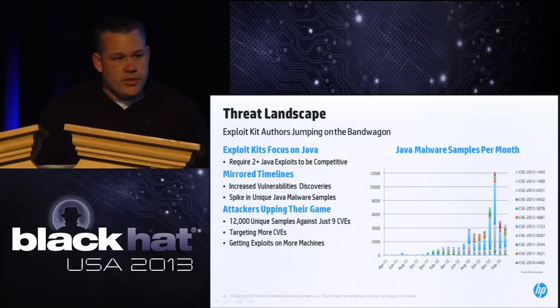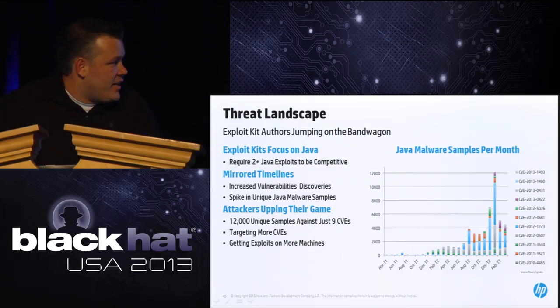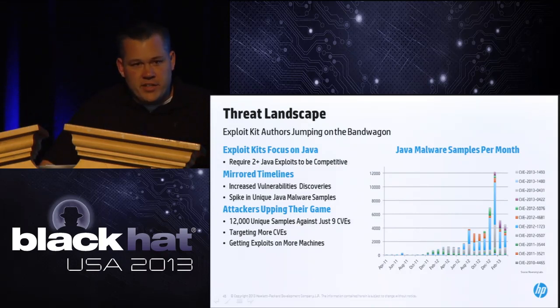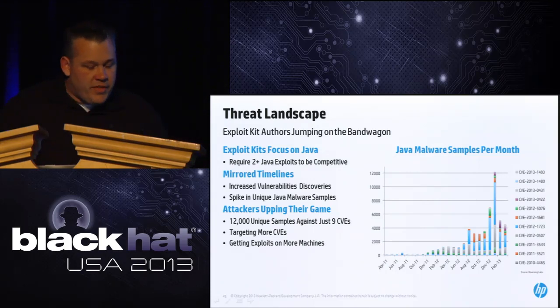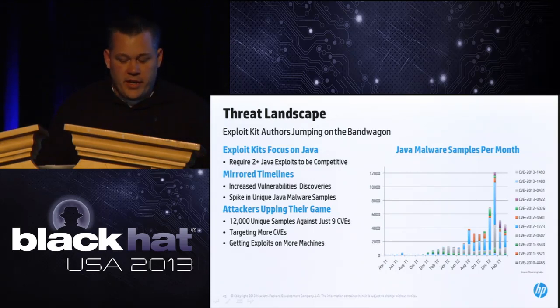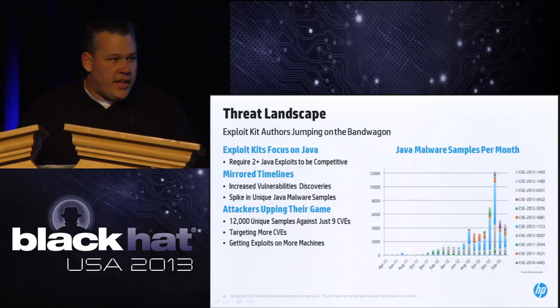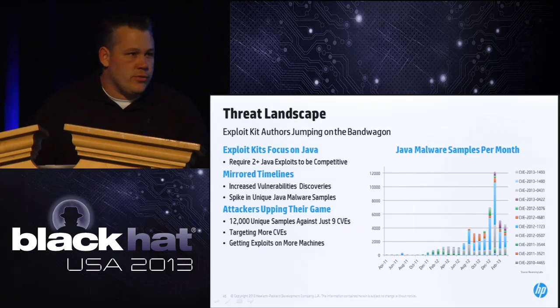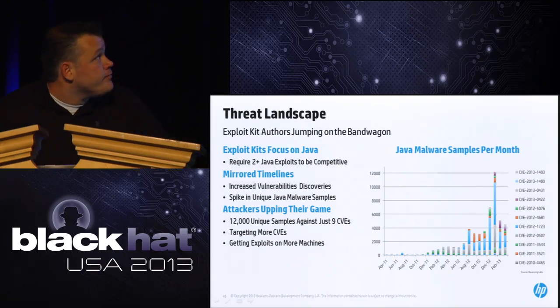That leaves users vulnerable to exploitation of these older bugs, so there are still vulnerabilities from 2011 actively being targeted. In our sample set, the peak was 12,000 unique samples in 1 month, targeting just 9 vulnerabilities. The attackers are upping their game and trying to get more Java vulnerabilities into their exploit kits, into their tool sets, because they get them on more machines.